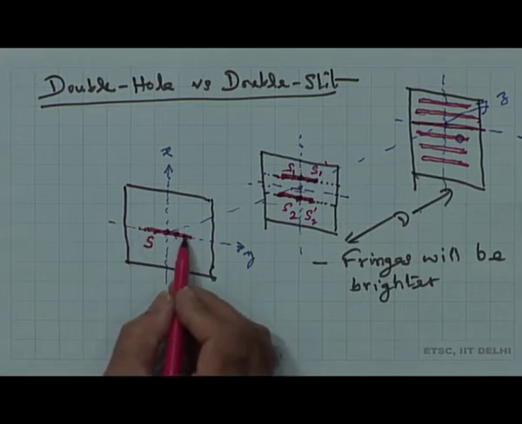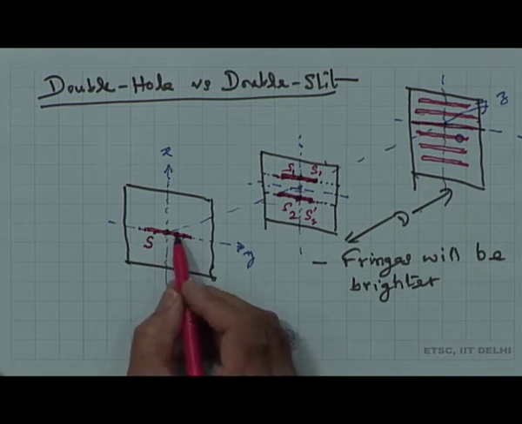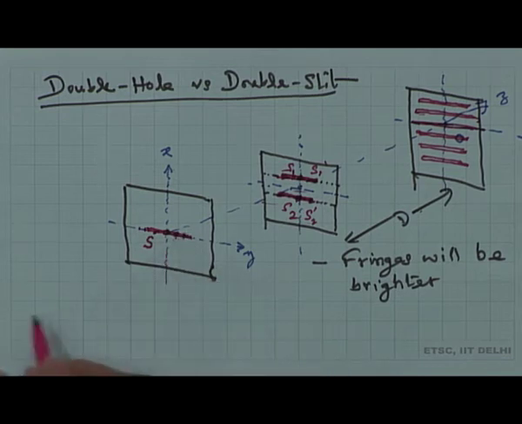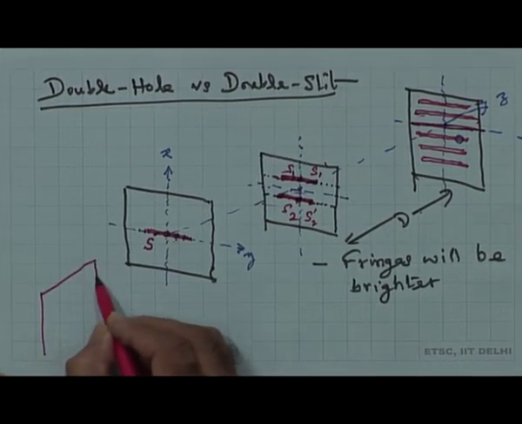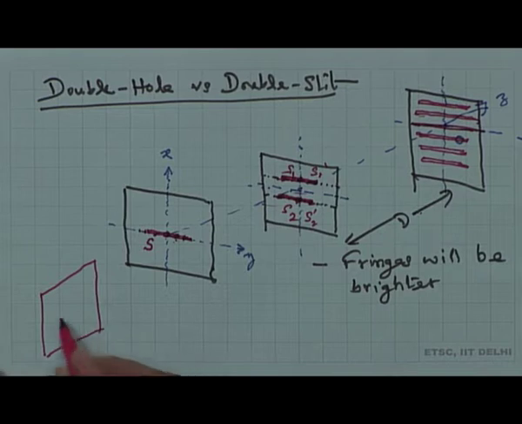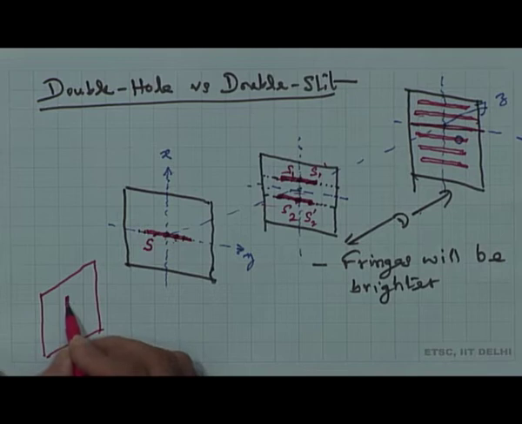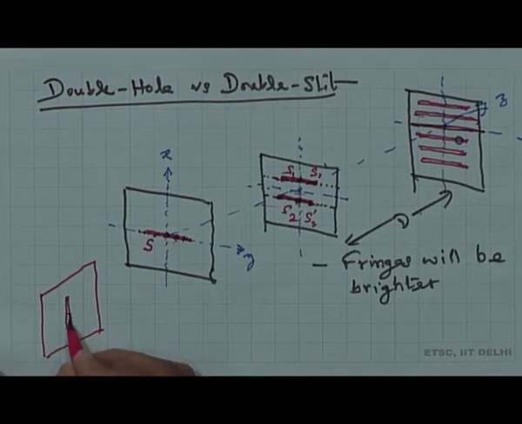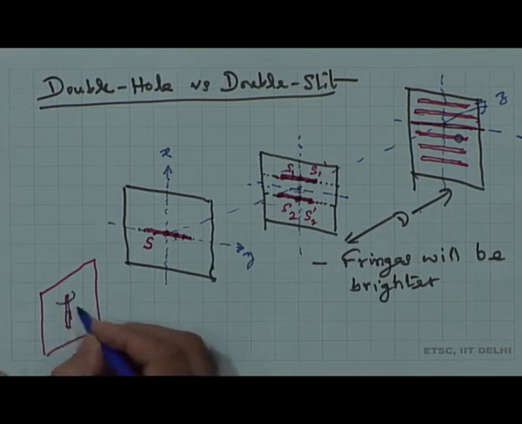If we have a slit here, the wavefront which is coming out will not be spherical, but cylindrical wavefronts will come. If I have a slit instead of a single point source S, then the wavefronts which come out will be in the form of a cylinder, shown in blue.